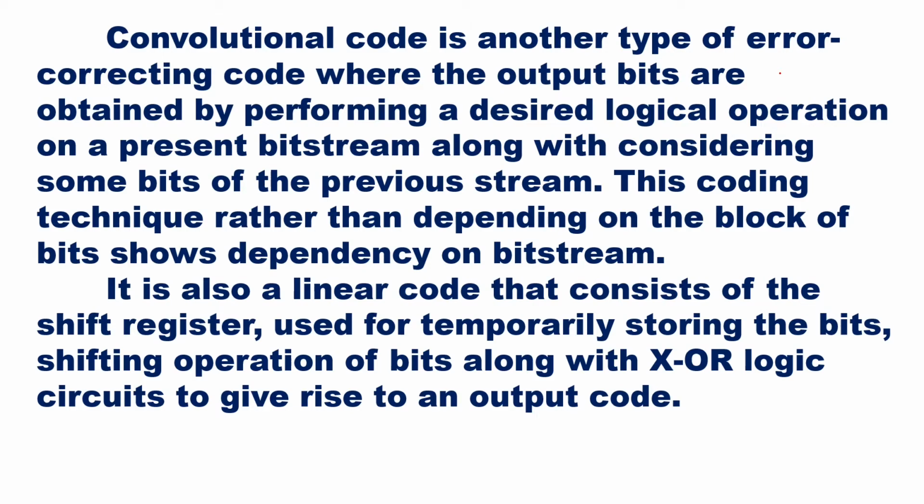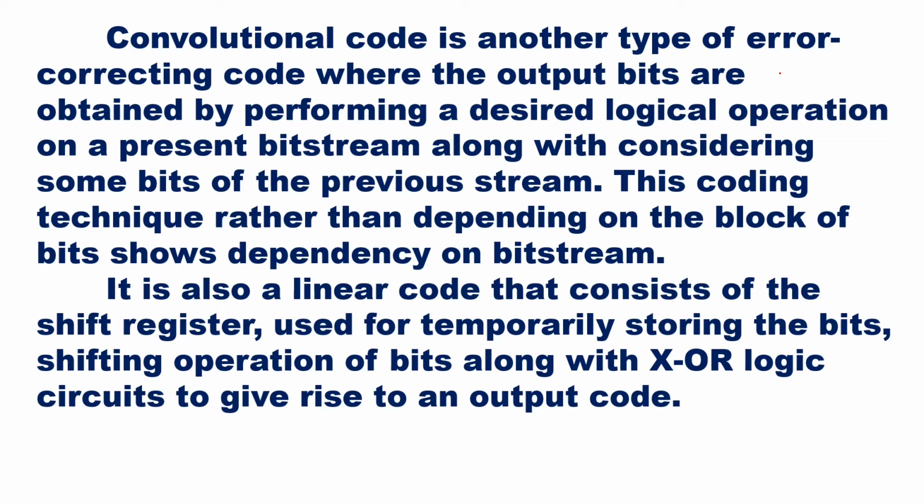You can understand how this is done in the diagram. This coding technique, rather than depending on blocks of bits, shows a dependency on the bit stream. So it is not depending on blocks of bits. We are not going to cut the information into blocks. Here the bit stream will be flowing as usual, and with that bit stream we are going to do certain modifications by using some logical operations.